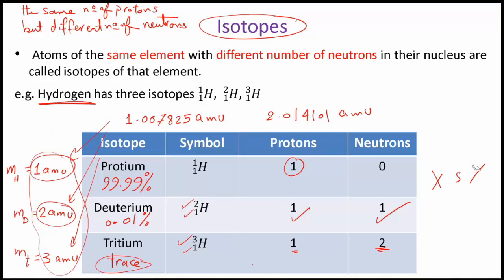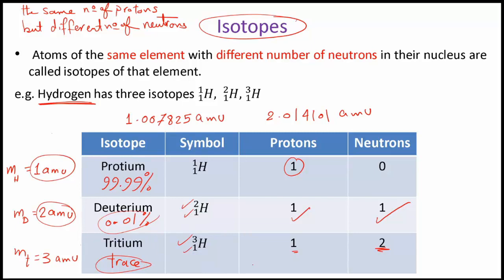How to calculate the average mass? Should I say 1 plus 2 plus 3 divided by 3? Will this give me the average? Of course not. It's not going to work because the protium is 99.99%, while the other one is 0.01, and the third one is almost 0.